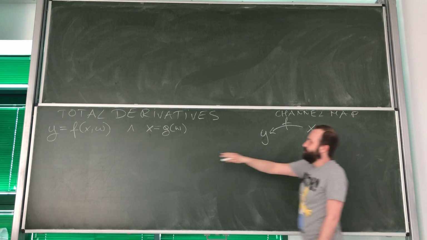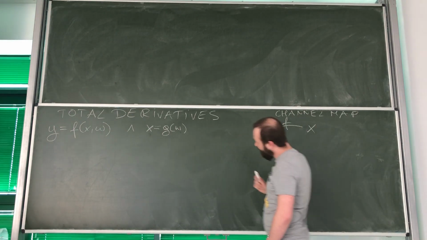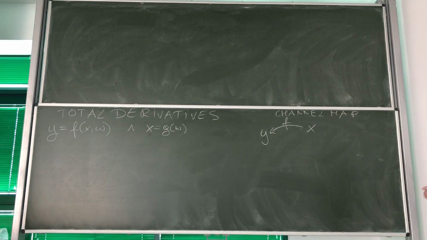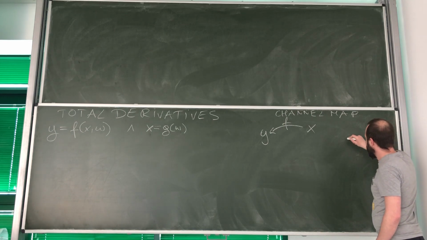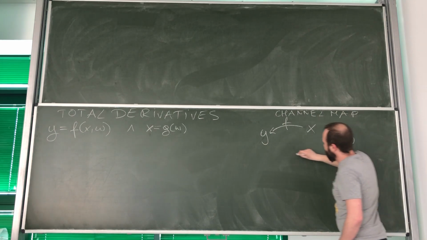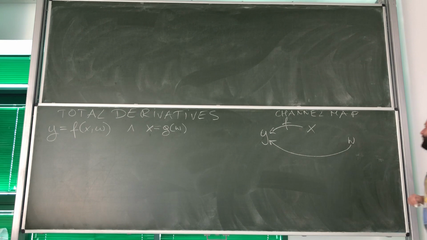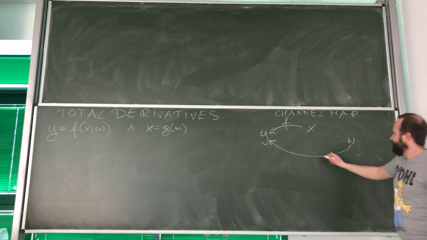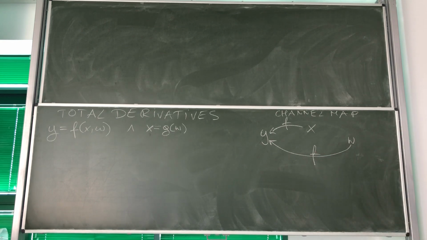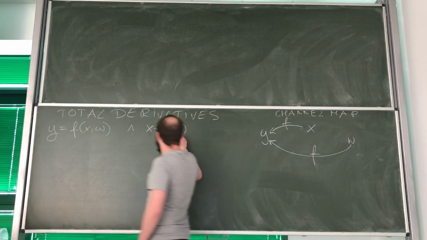Right? X is over here. This is clearly what we see. We also know that w is influencing y through function f. Right?